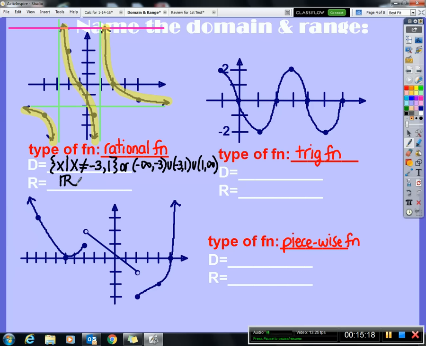All right, so on the trig function, domain, we're going to start on the far left piece. Notice it starts on x equals -2. We're tracing. There's no pause, no break in the graph, no reason to lift your pencil.